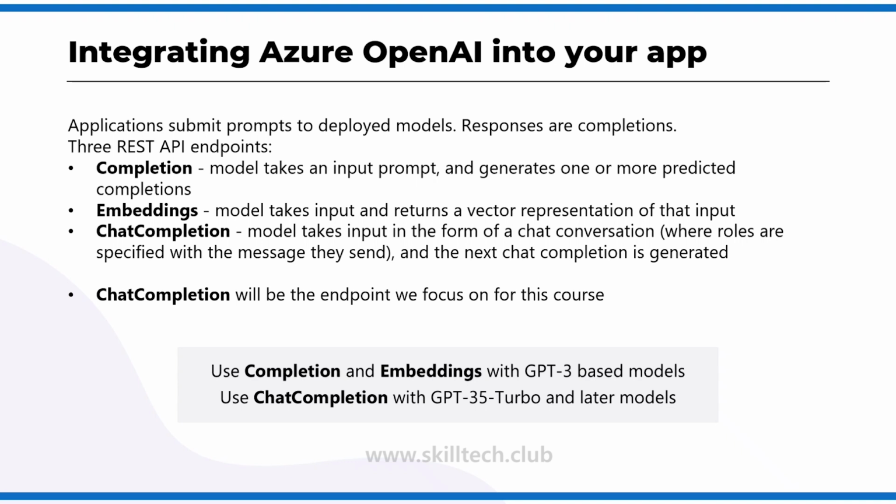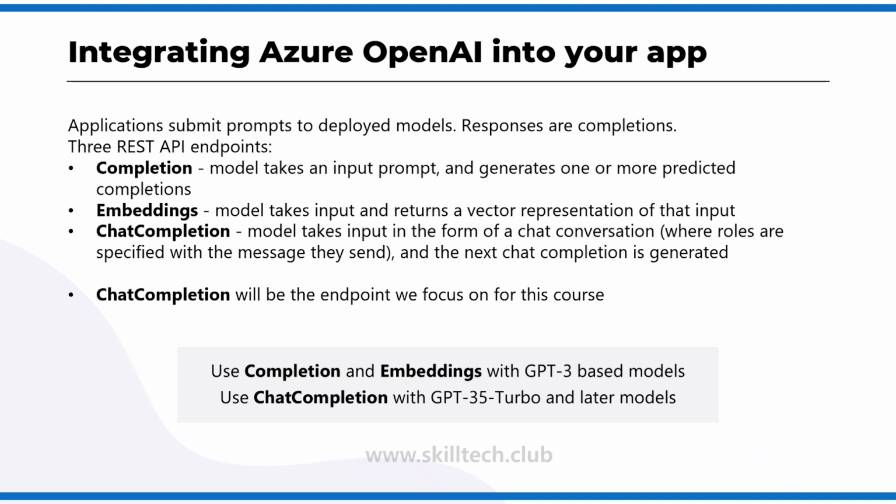You can also use the embeddings model endpoint, and this model takes input and returns a vector representation of that. And in our case, when we develop applications, we are going to use chat completion, which takes an input in the form of a chat conversation, where we have multiple roles which we need to specify.